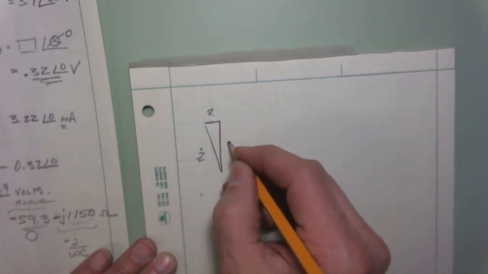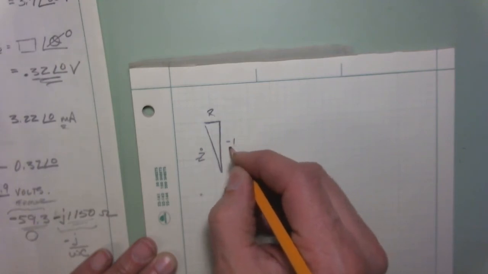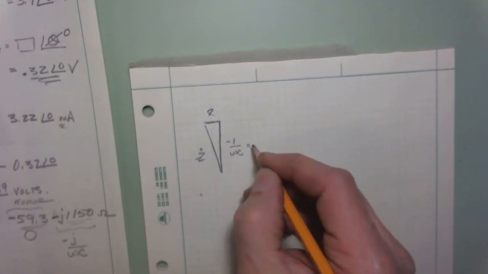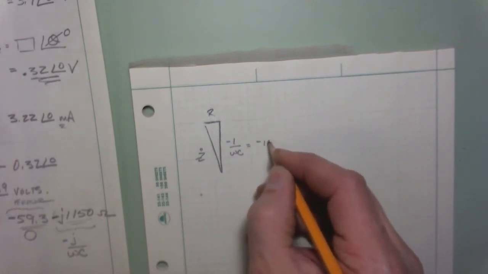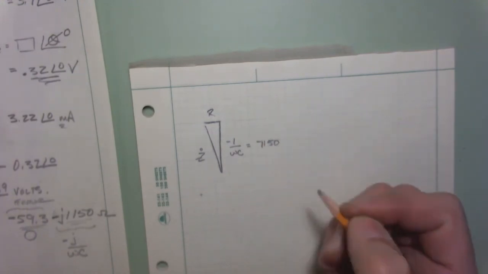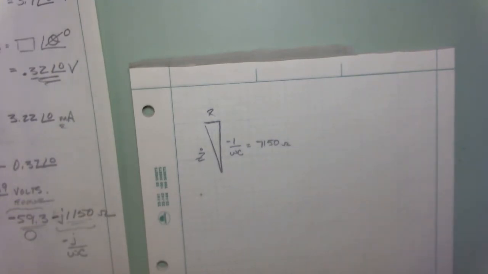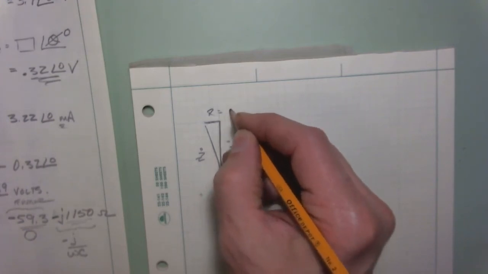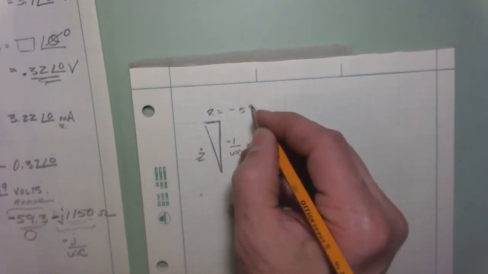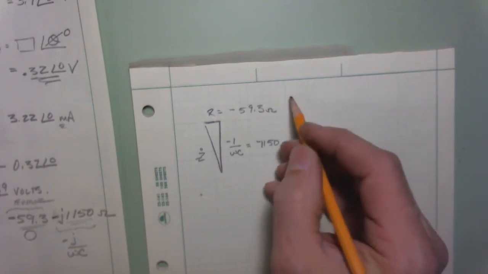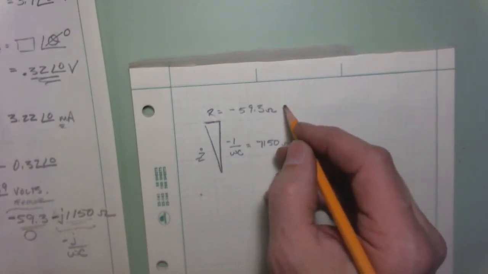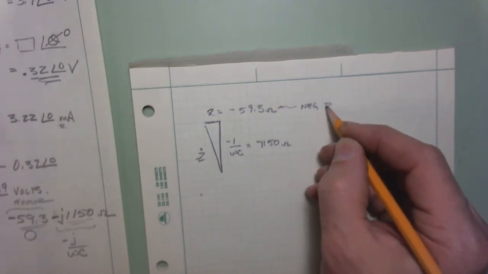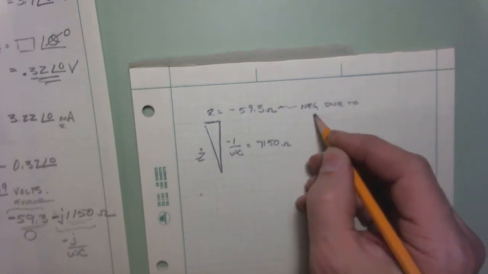This will be the R value, and this is our minus 1 over omega C. So this is equal to minus 1150 ohms. And this one we'll say is minus 59.3 ohms, and we should probably put a note here: negative due to errors.